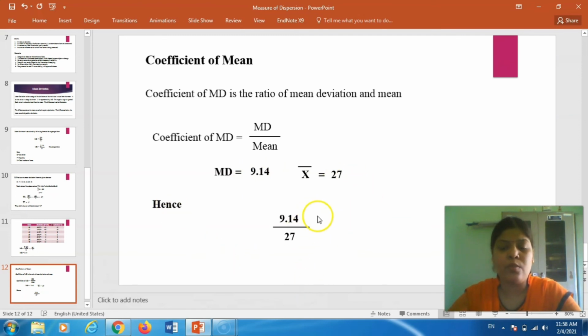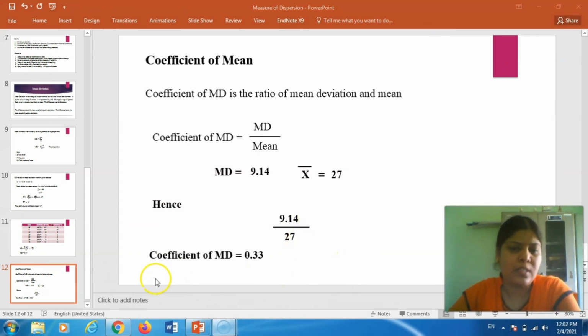So the formula will be 9.14 divided by 27, and the answer will be 0.33. So this is all about the mean deviation, which is also used to know the measure of dispersion or variability.